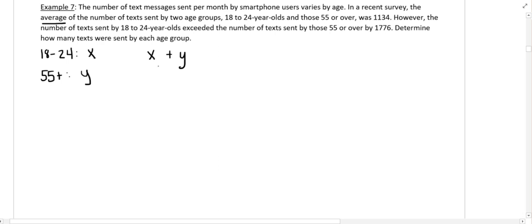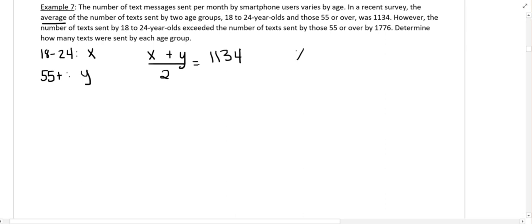So if I add these two together and then I find the average, meaning I divide them by 2, this is my first equation, 1134. And my second equation, okay, because again, this is the average, add the two together, divide by 2, and then that's what you get.